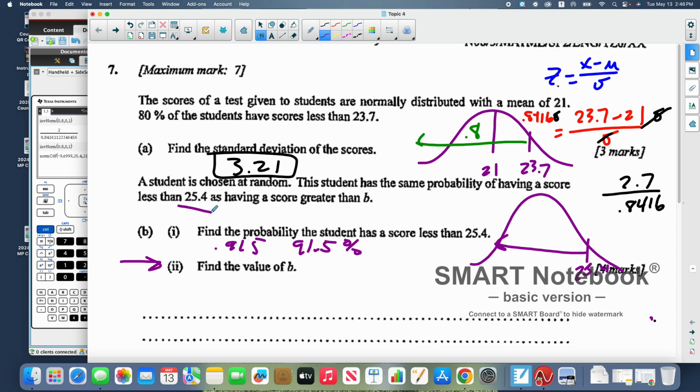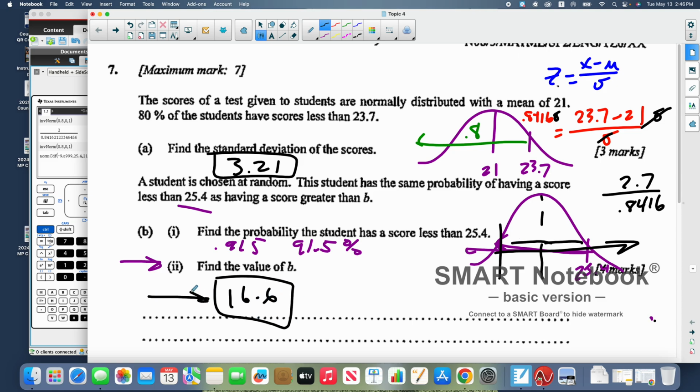How far away from the mean is that? 4.4? So if I'm less than and it's 91%, if I'm greater than it's 91%. These ought to be equal distances from the mean. So 21 minus 4.4 is 16.6. I still could have gotten that one right, understanding the symmetry of that problem.